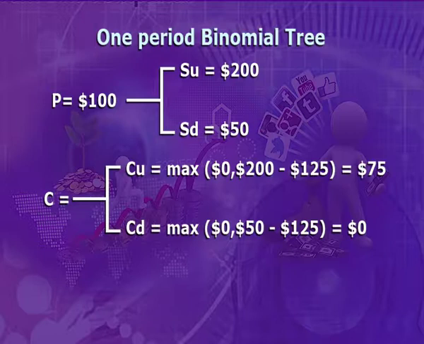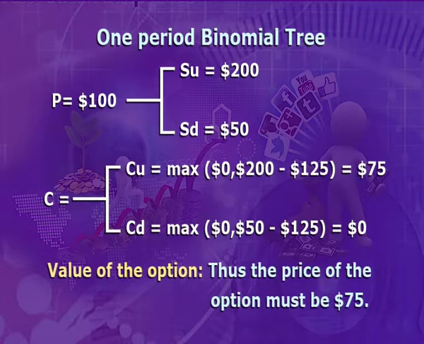CD is equal to max($0, $50 minus $125), which is equal to $0. The value of the option, thus, the price of the option must be $75.